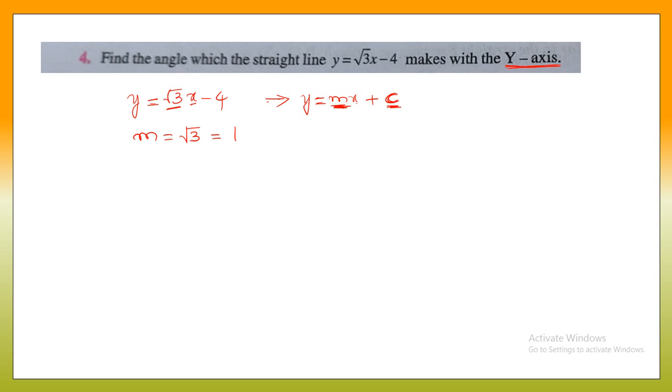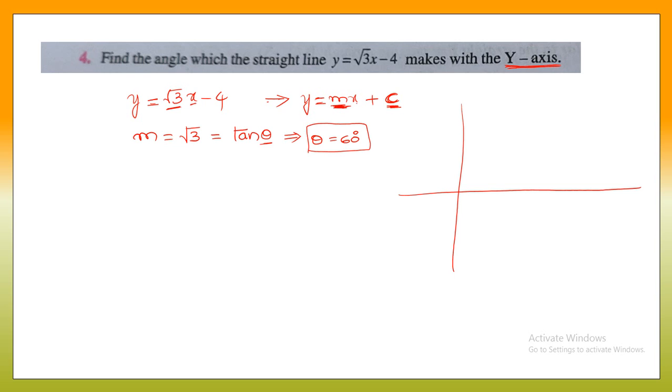Using the concept of angle of inclination, we can say that tan theta is equal to √3. So for what value of theta are you going to get √3 here? Theta is equal to 60 degrees. We have already discussed the concept of inclination, right?